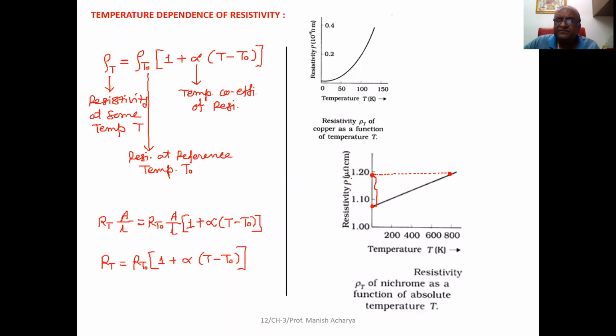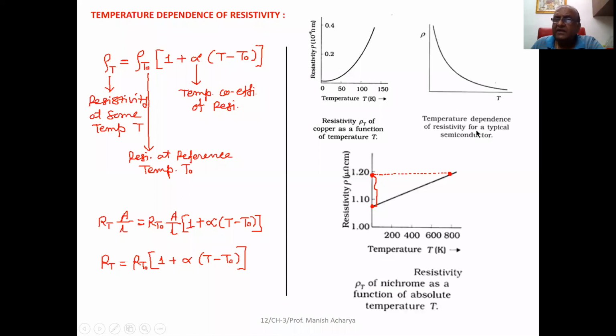So at room temperature, in the laboratory, when we perform simple experiments, we can consider the resistivity of alloys almost independent of temperature. Clear to all of you, beta?